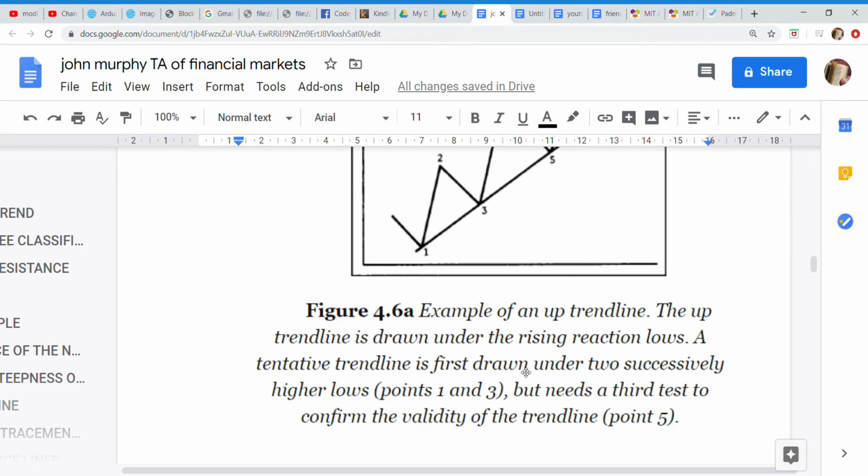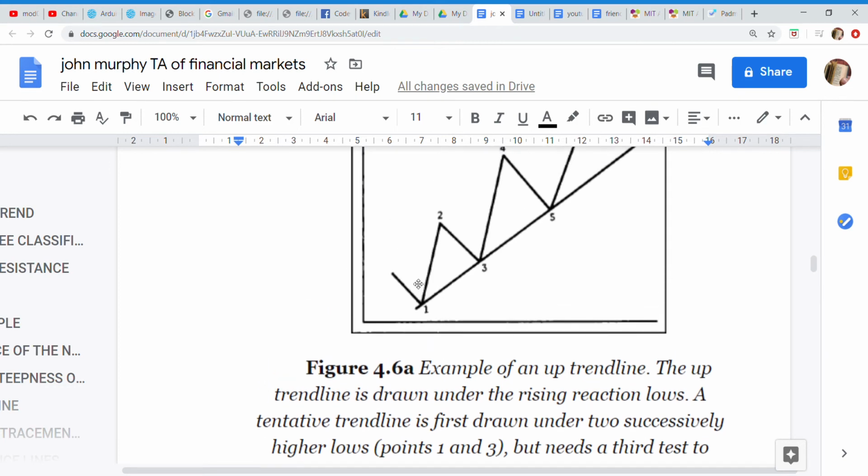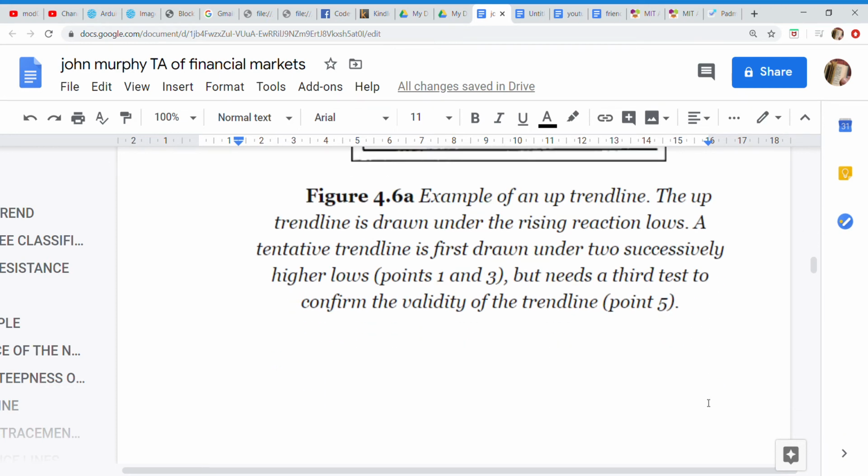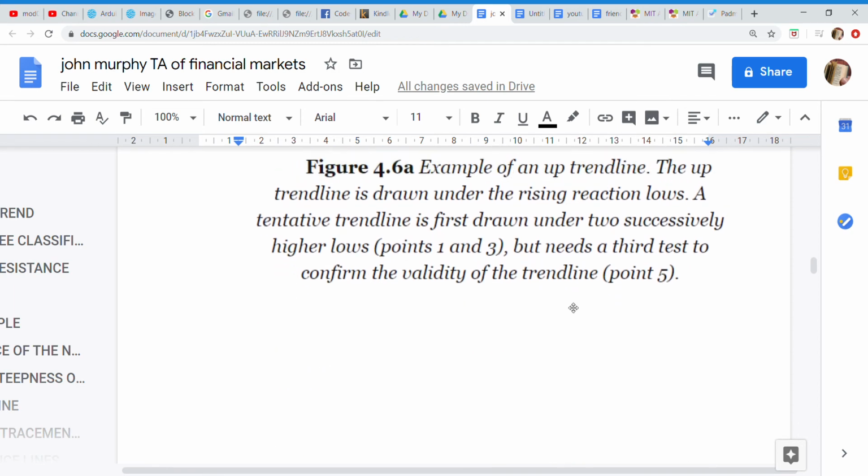A tentative trend line is first drawn under two successively higher lows, points 1 and 3. So it is a tentative trend line, but it needs a third test to confirm the validity of the trend line at point 5.